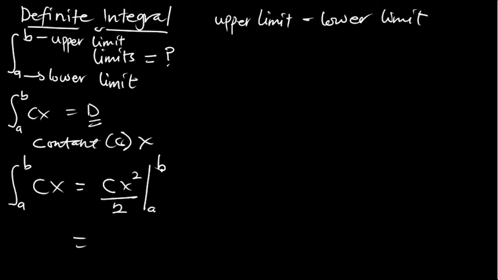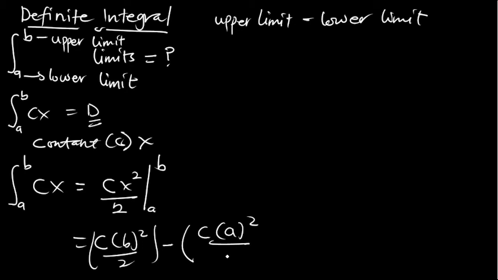Are we okay? So this is the upper limit, the b, meaning I'm going to have c by b squared on 2 minus the lower limit, which is also going to be the same thing, c by a squared on 2. And you can evaluate this function. Are you okay?